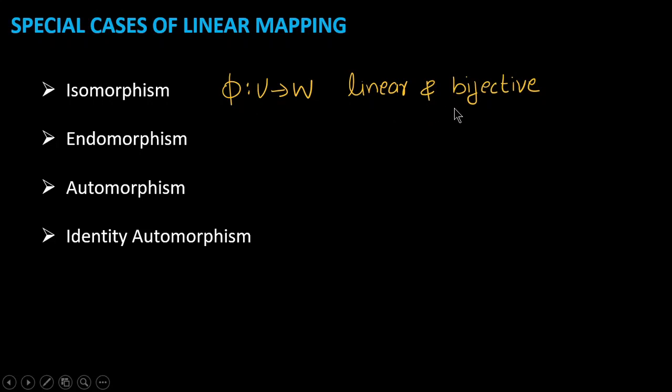Okay, linear and bijective, and between different vector spaces. And endomorphism means it is from one vector space to itself. Endomorphism is within the vector space itself, and if that kind of mapping is linear, then we call it endomorphism.